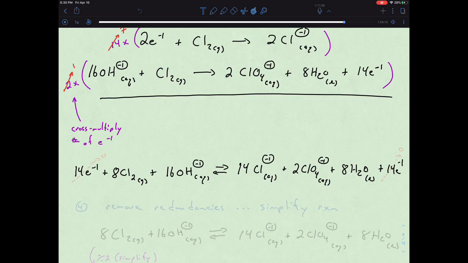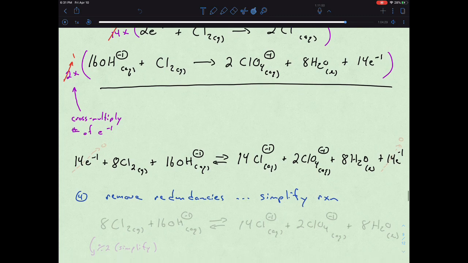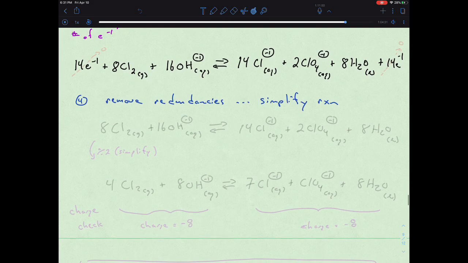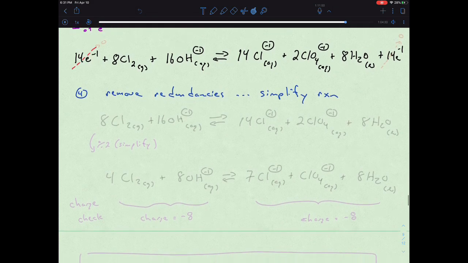And so now here's where we go to step 4 and remove our redundancies. Right? We want to simplify the reaction. So our 14 electrons is going to disappear, and that should always be the case, right?